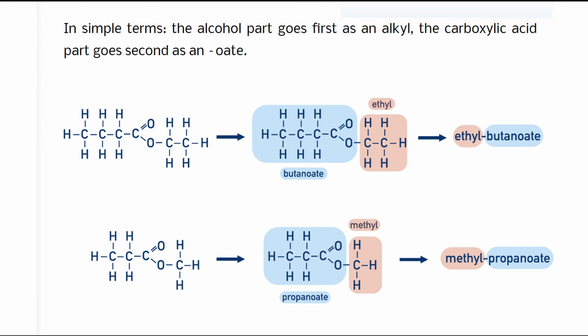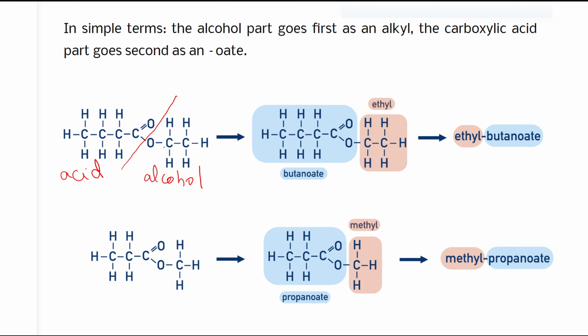Let us see. If I have here this ester and I want to name it, I will split in the middle of the ester linkage like that. And the part of the O, as we agreed, comes from the alcohol. The part with the C double bond O comes from the acid. I start the name of the ester by writing the name of the alcohol first.